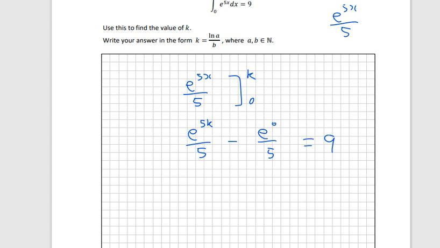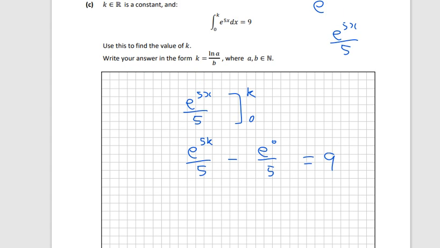So we have to get k by itself. Right, well, I would multiply by 5 on both sides then. So that would give me e to the power of 5k minus 1 is equal to 45.